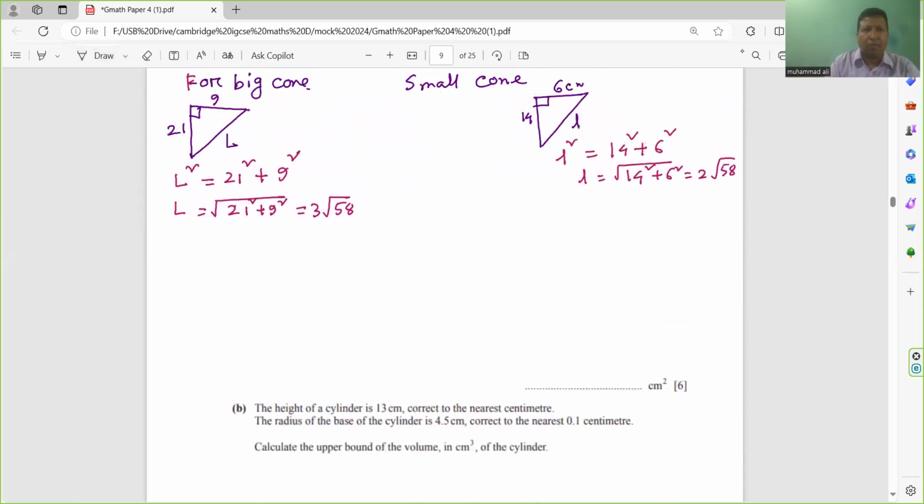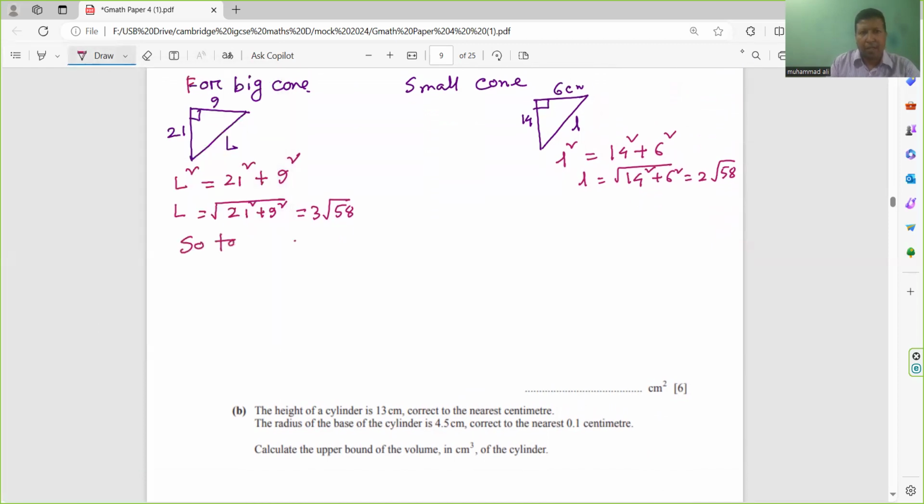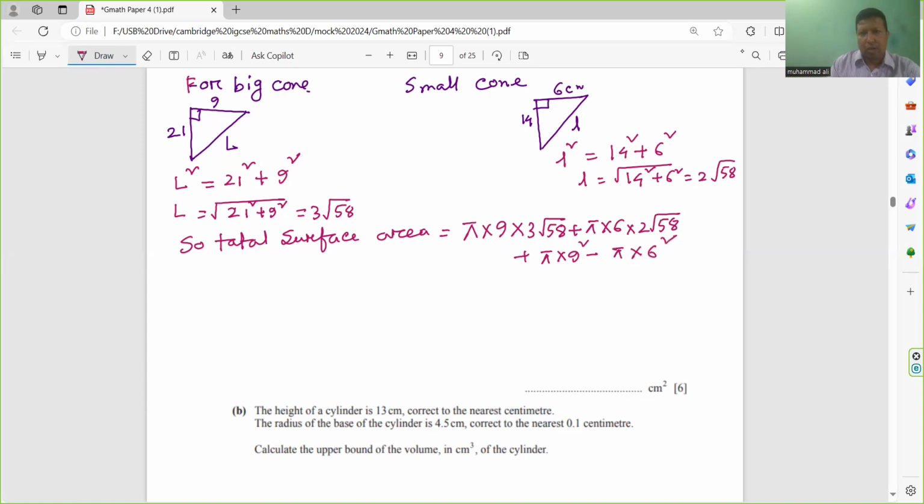Now we put all these values in the formula. So total surface area equals pi bigger one, capital R, 9 into 3 into root over 58, plus pi into 6 into 2 root over 58, big circle pi into 9 square minus small circle pi into 6 square.